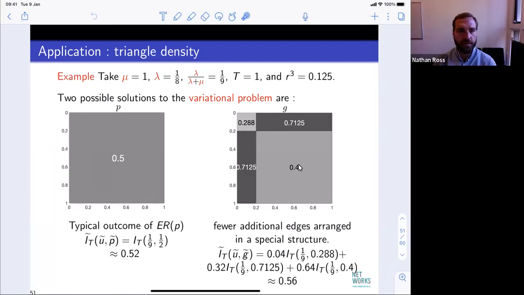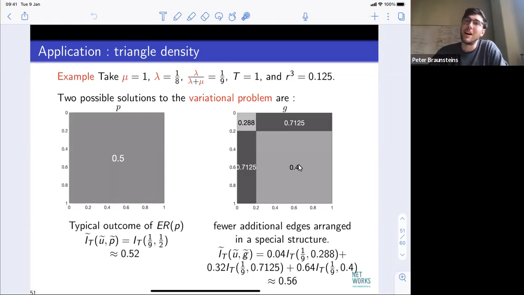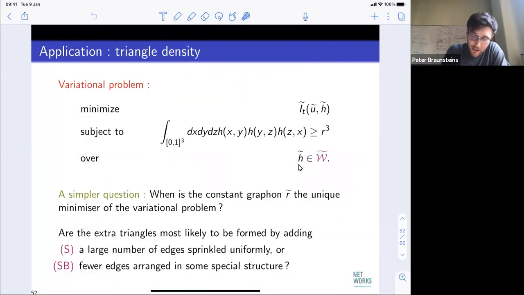Yeah, I was going to ask, just in general, how are you solving these variational problems? Where does this picture come from? That can be quite hard, right? Yeah, so it's interesting. This is the variational problem that causes all the trouble.